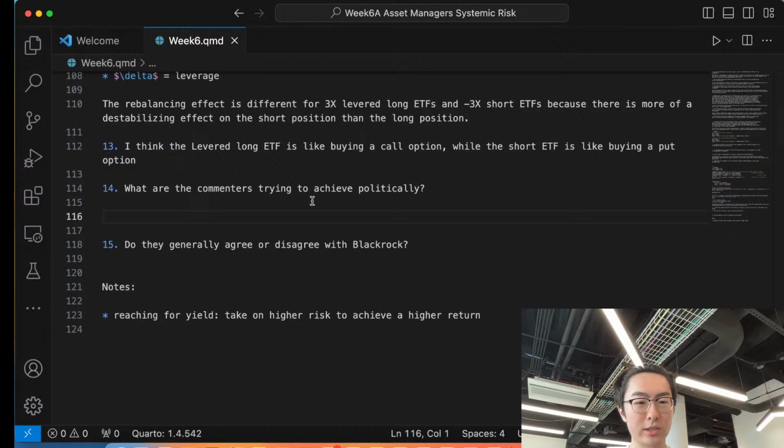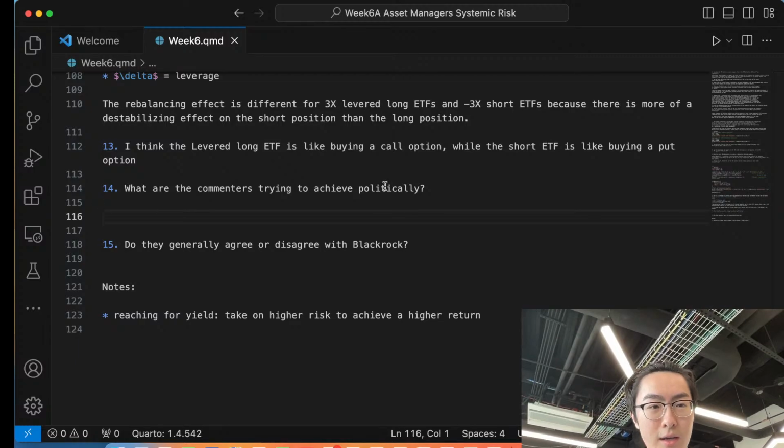Now, this question is asking what the commenters are trying to achieve politically. I'm not exactly sure how you could have a liberal or conservative view on the asset management industry. I would guess that if you fall into a more Democrat or liberal left point of view, you'd assume that these asset managers are a big systemic risk to the entire capital markets.